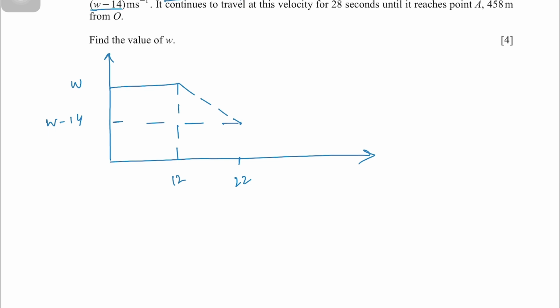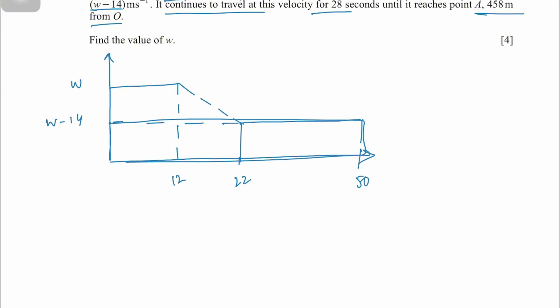And then it continues to travel at this constant velocity for 28 seconds until it reaches the point 458 meters from O. So we have three shapes basically, right? We can take this whole rectangle and then this trapezium.